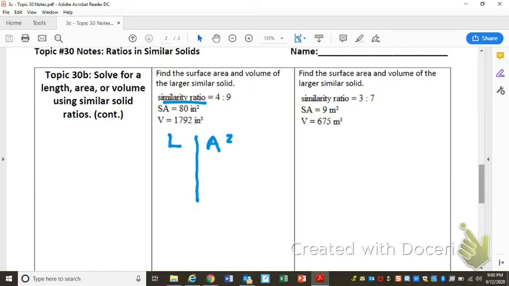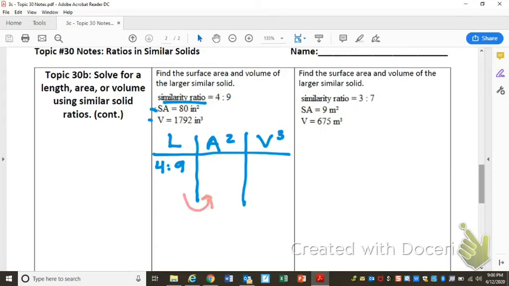And we are going to have to find a missing surface area and a missing volume. So we're going to have to set up 2 proportions in this case. So we have that our linear is 4 to 9.